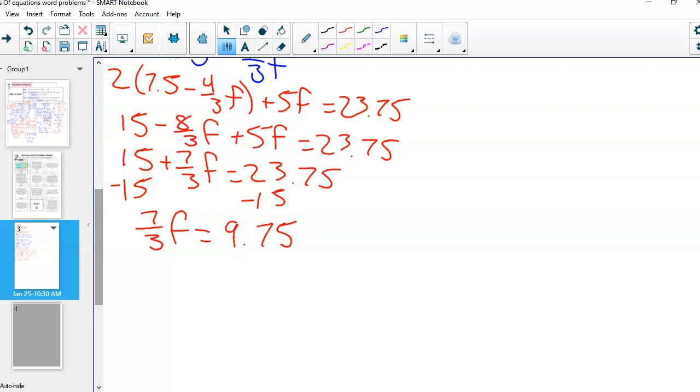So normally, yes, when we have two things multiplying, we divide, but we don't really like dividing by fractions. So how do we get rid of the fraction? Chris? Yes. So if we multiply both sides by 3/7 instead, it would be the same thing as dividing by 7/3.